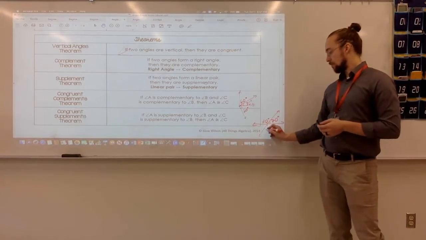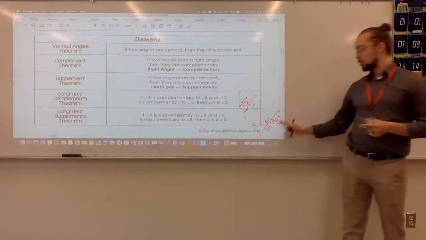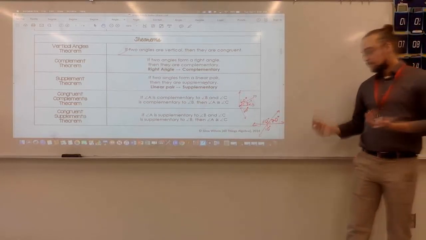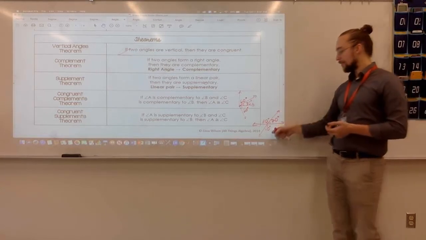So, yeah, this one would have to be 110, right? For those two to add to 180. So for two angles to be supplementary to the same angle, they have to be the same.